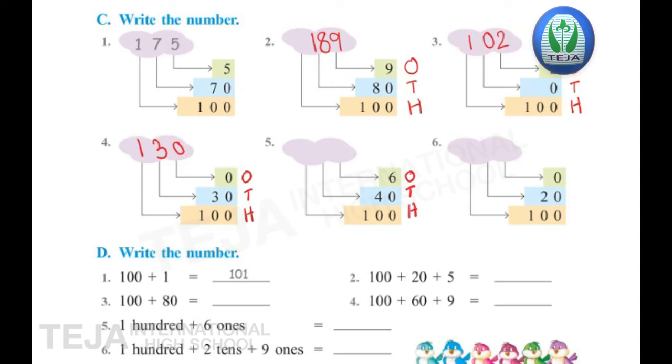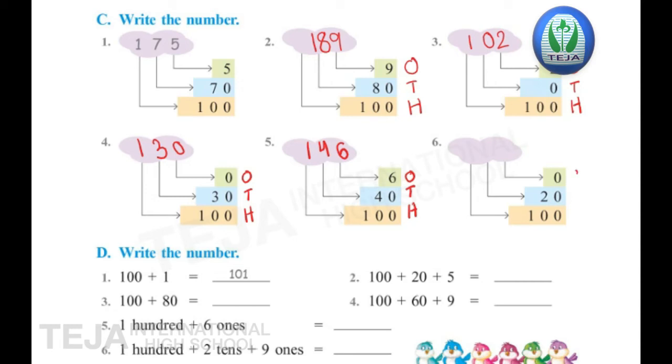100 in hundreds place. And we'll arrange the number here according to the place value. 6 in ones place, 4 in tens place, 1 in hundreds place. So the number is 146. Next sixth one.